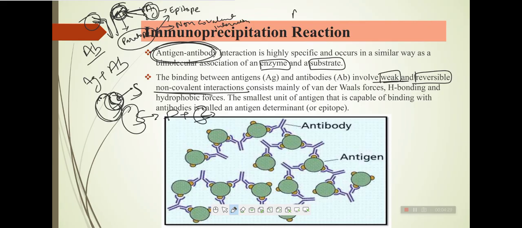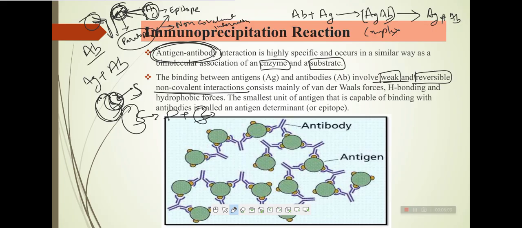Reversible means when an antibody combines with an antigen, they form an antigen-antibody complex, right? After that they again separate and convert into antigen plus antibody.